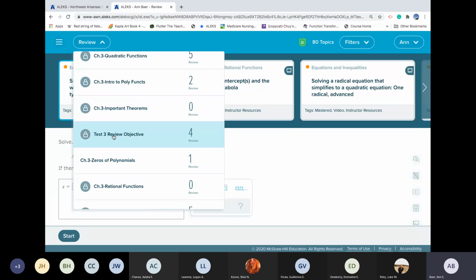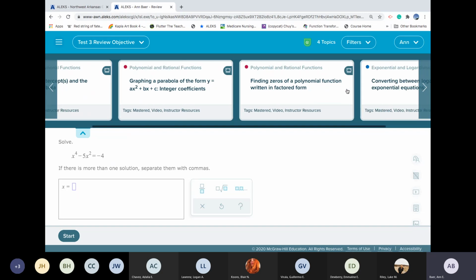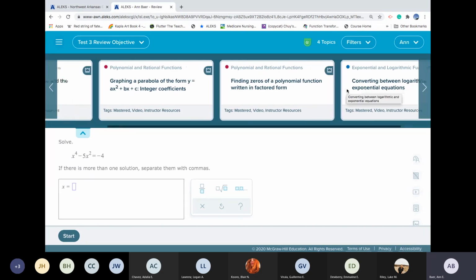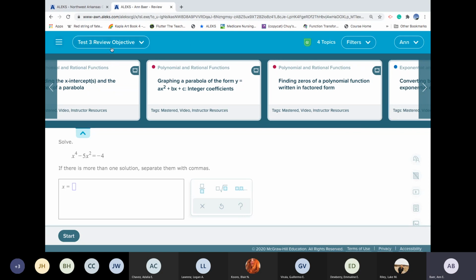Let's say I want to go to the Test 3 review objective. These are the ones I've got in review, the only ones I have in review mode because I have this set a certain way, but you can see Test 1 review objective up here.